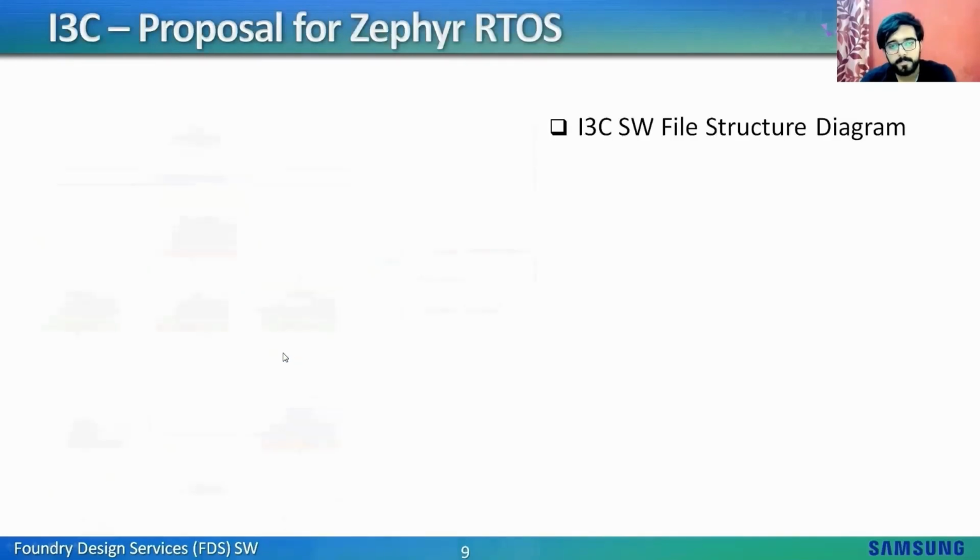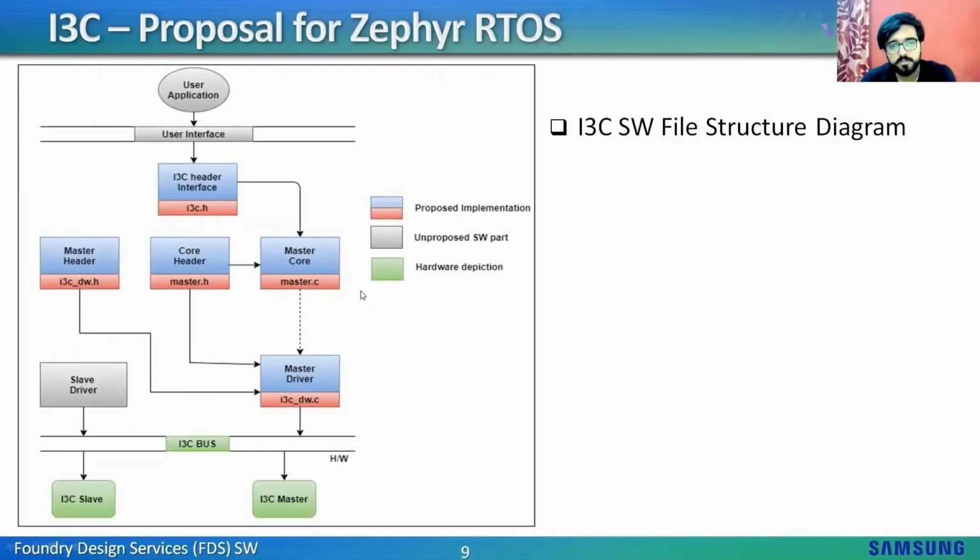So, the flow starts from the top. The user application accesses the user interface, which in turn accesses the I3C related APIs via the i3c.h header file. This header file further accesses the core file for exposing driver operations to the user. The core file contains the helper functions and structures to support the I3C master driver.